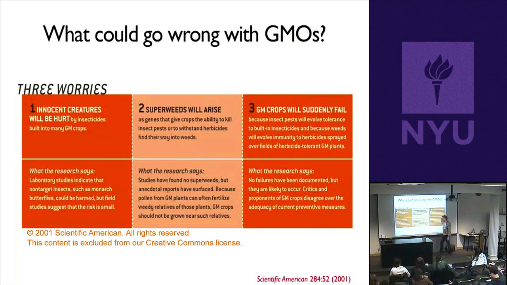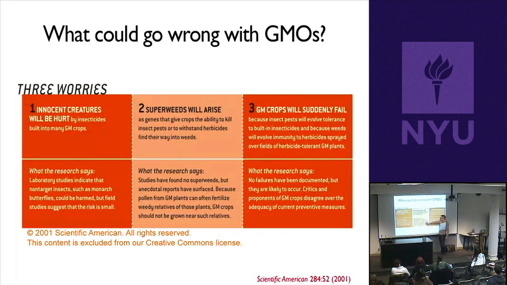And as of 2001, there were no superweeds found, okay? But anecdotal reports had surfaced about, well, maybe there's this weed growing in Farmer Joe's field. Maybe that's a superweed. And it was a concern for the two reasons I gave. One is widespread use of the chemical. It's bound to happen that there will be resistant weeds eventually.